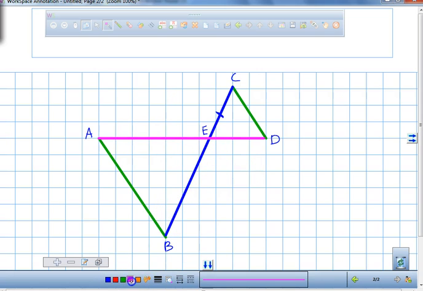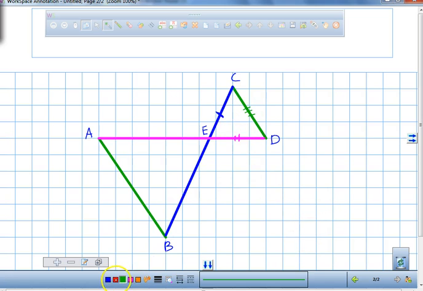And this side right here, E to D, will be similar to A to E. And the distance from C to D will be similar to A to B. Not congruent, but similar to. So this is a scaled down triangle.